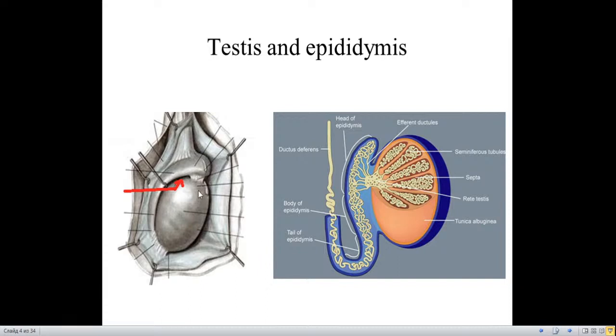So, testis has anterior and posterior borders, superior and inferior poles, and two surfaces, lateral and medial. How to differentiate them if you have only one testis in your hands? Pay attention to the red arrow.